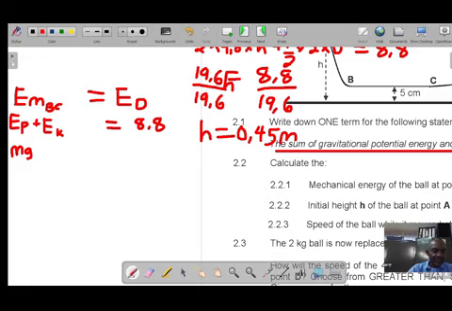When we are done, we are going to add a half mv squared, a half m v squared. Now this v is the speed along BC. Don't forget. Then equate to 8,8.